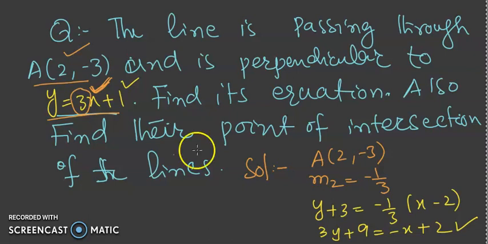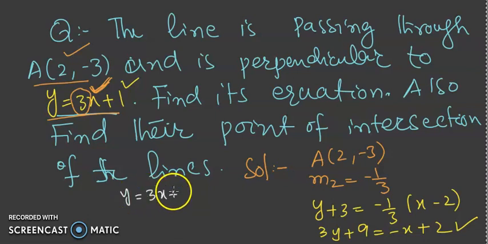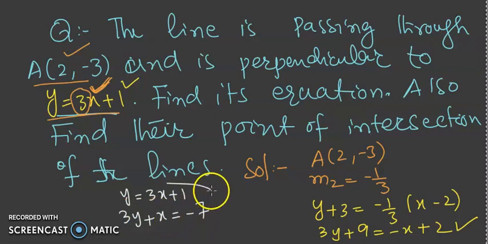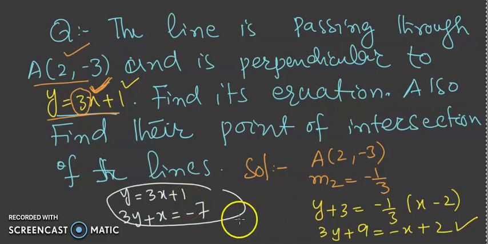So we can simultaneously solve these two lines: y equal to 3x plus 1, and the other line, 3y plus x equal to minus 7. Solve these simultaneously and find that point. You can also call that point F. That you can do by yourself.